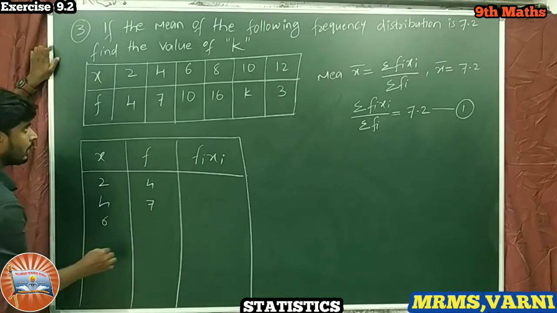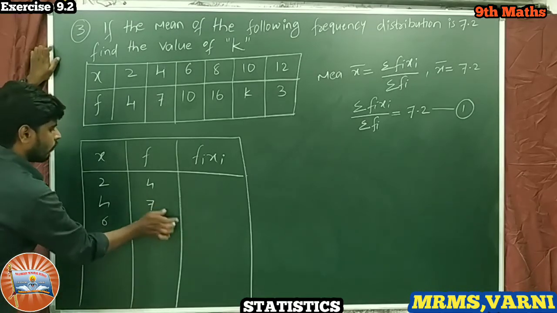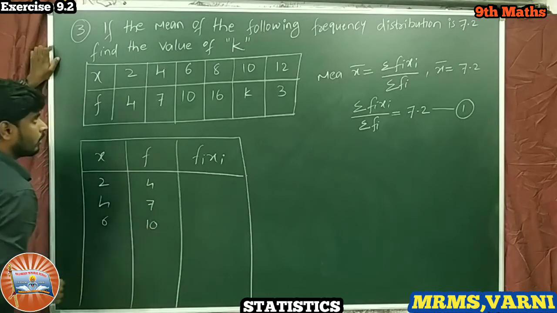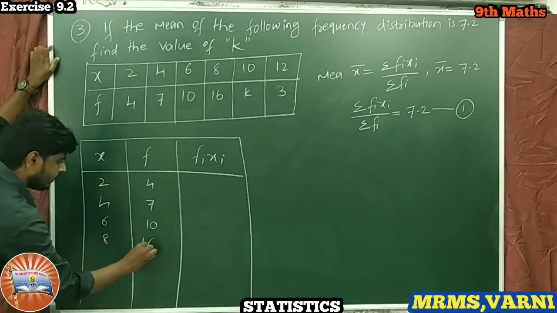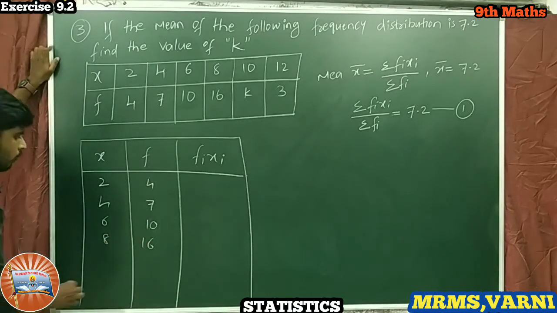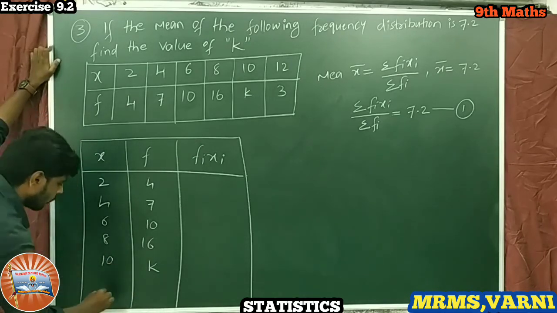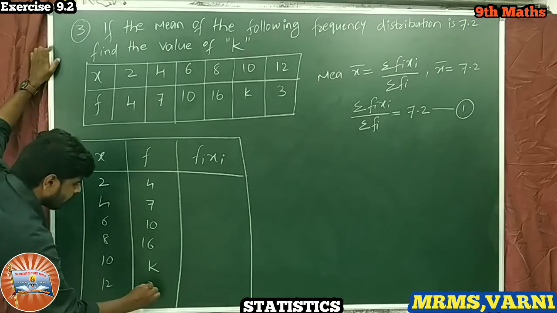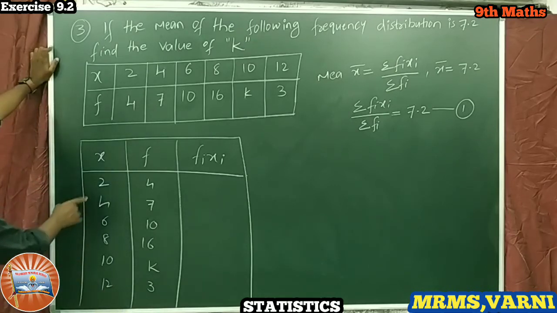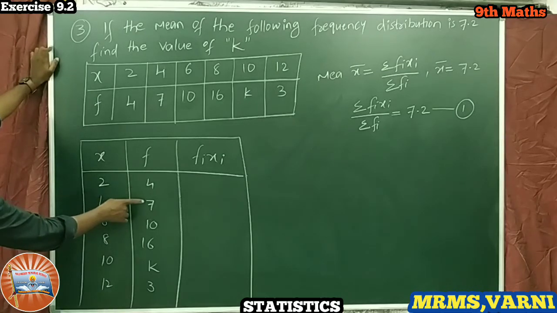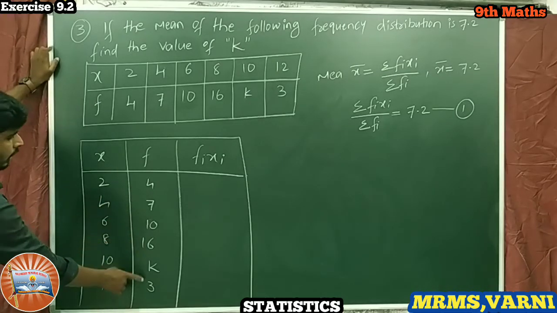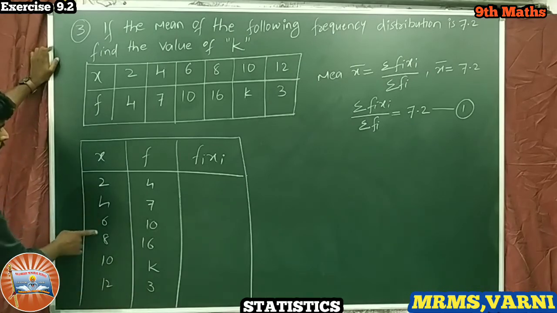For 6 it is 10. For 8 it is 16. For 10 it is k. For 12 it is 3. So the observations are x: 2, 4, 6, 8, 10, 12 and f: 4, 7, 10, 16, k, 3.